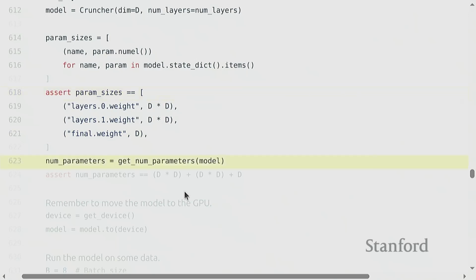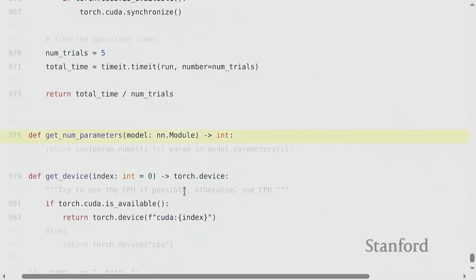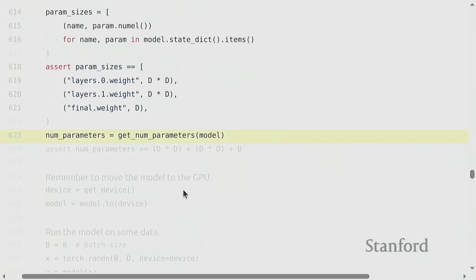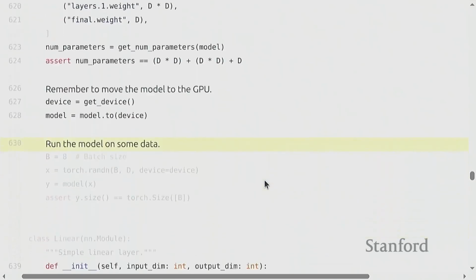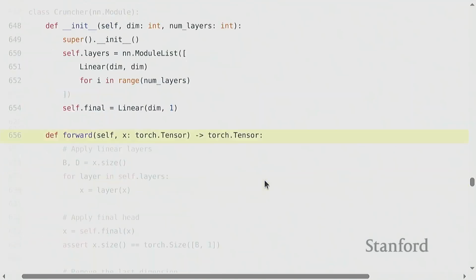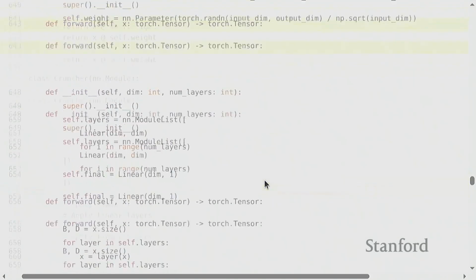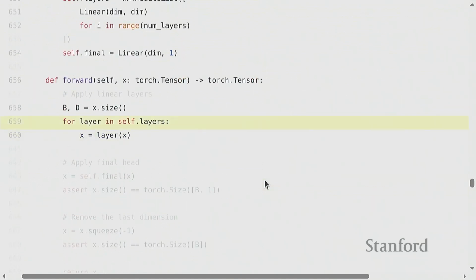If I get the number of parameters of this model, it's going to be d squared plus d squared plus d. Okay, so nothing too surprising there. I'm going to move it to the GPU because I want this to run fast. And I'm going to generate some random data and feed it through. The forward pass is just going through the layers and then finally applying the head.